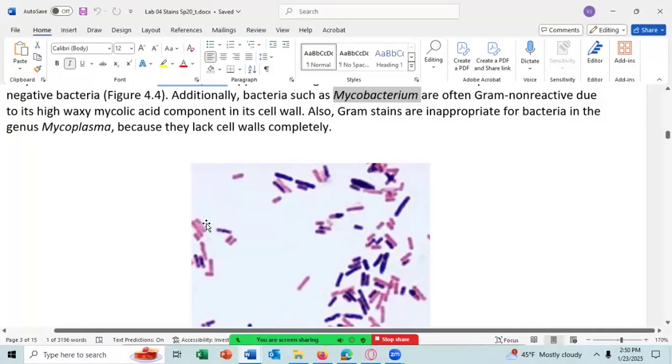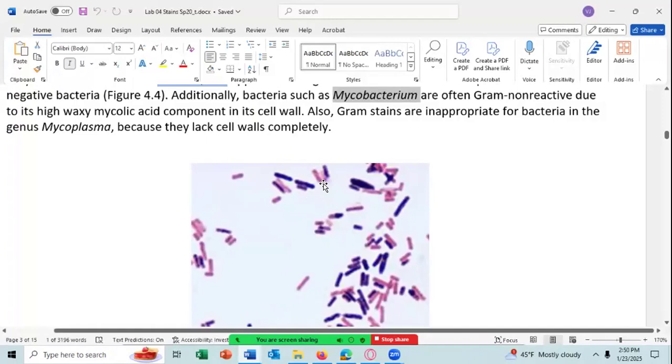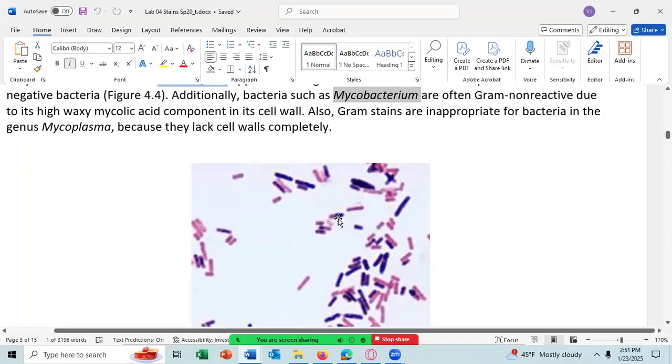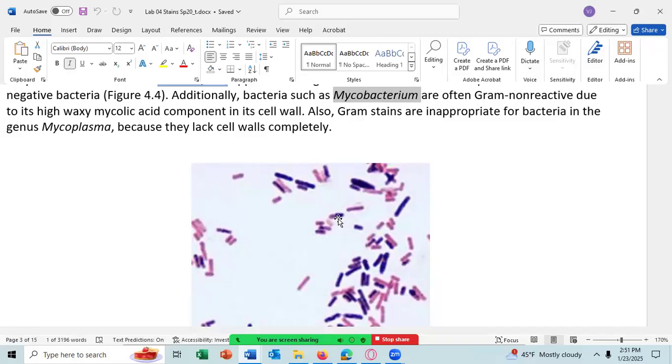What do you notice between these three gram negative cells and then these 1, 2, 3 gram positive cells? What do you notice? Nobody's going to take a guess?